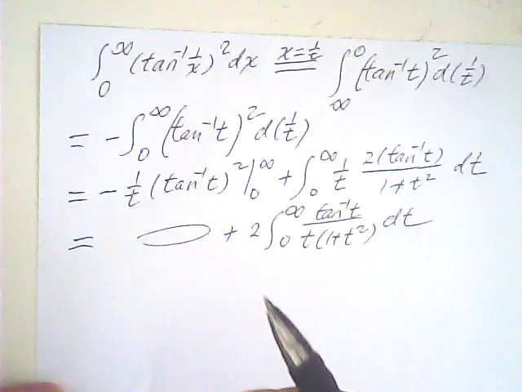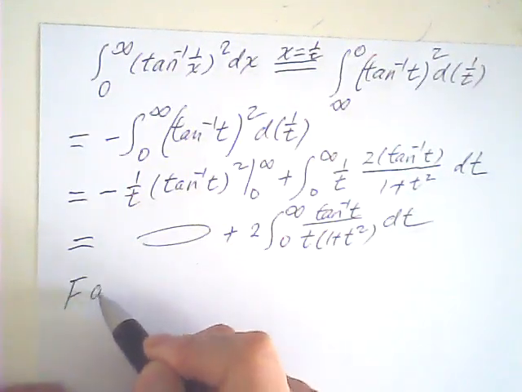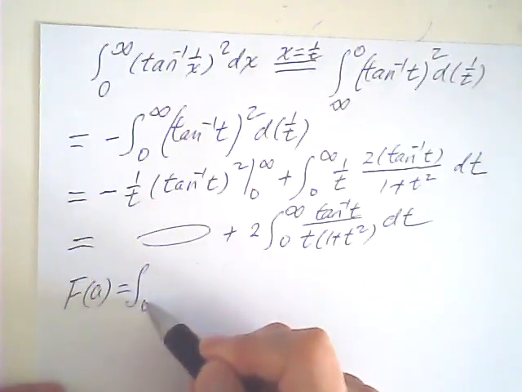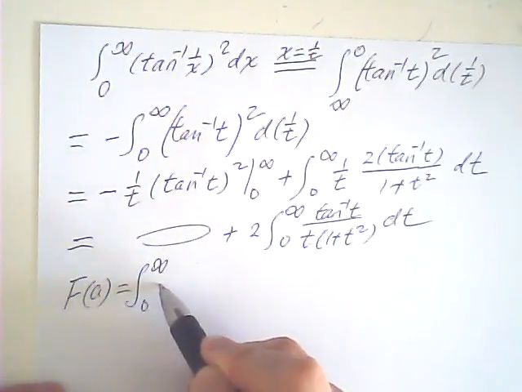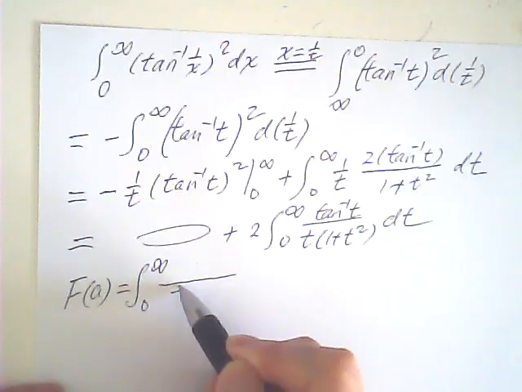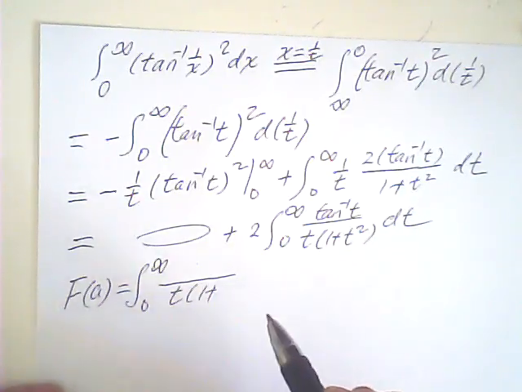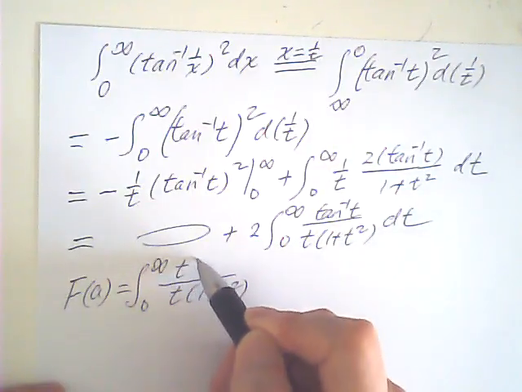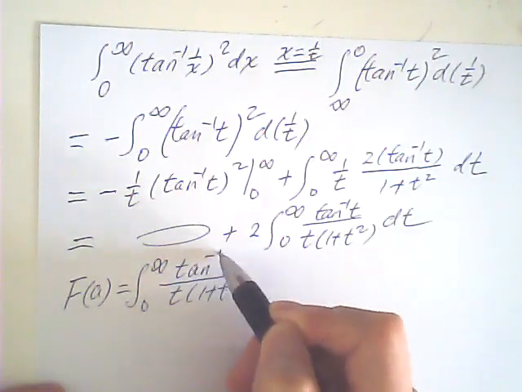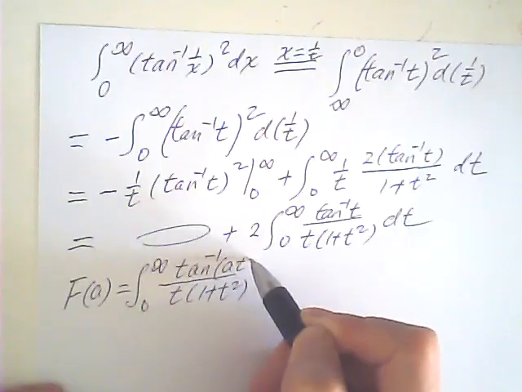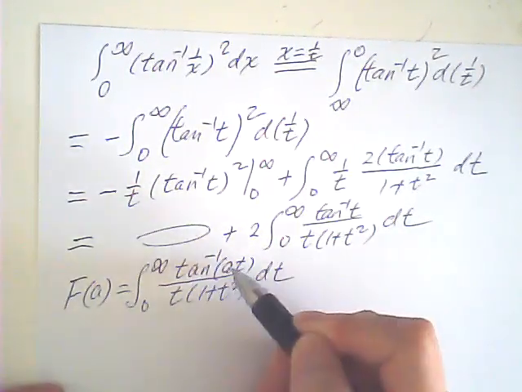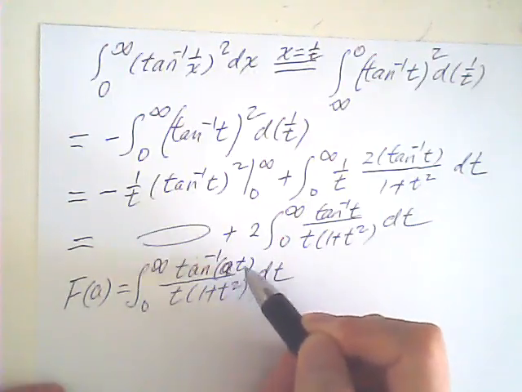Feynman's technique? I let f of a equal to the integral of arctangent at over t times 1 plus t squared, dt, right?